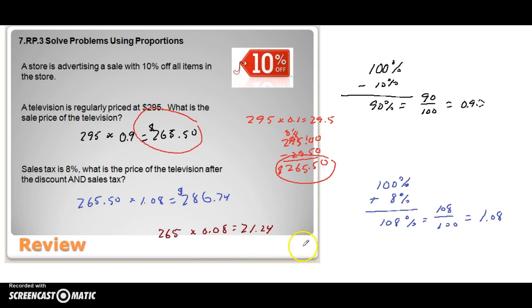So then I add 21.24 to the 265.50. Hopefully my answer from the last one matches up with this one. So I got a 4 here, 7, 5 plus 1 is 6. That is a 6. So 6 plus 2 is 8. 286.74. Same answer. So just another way that you can go ahead and do that.